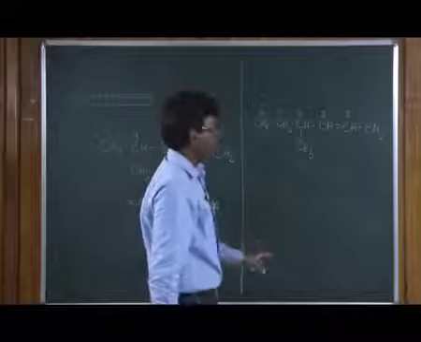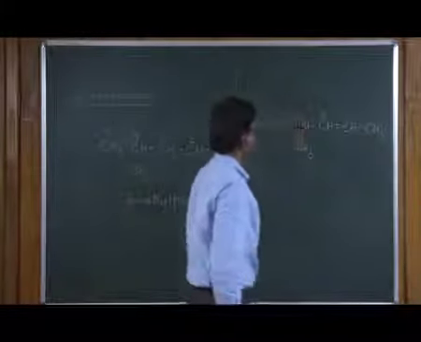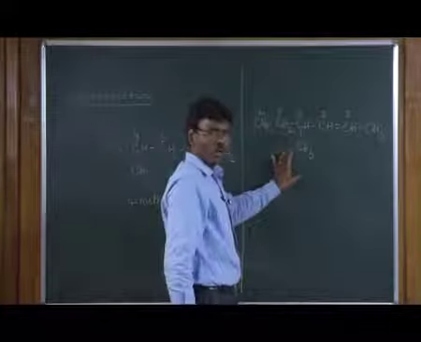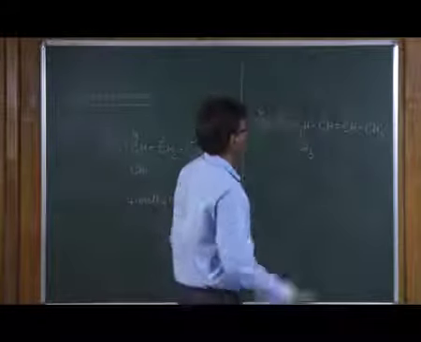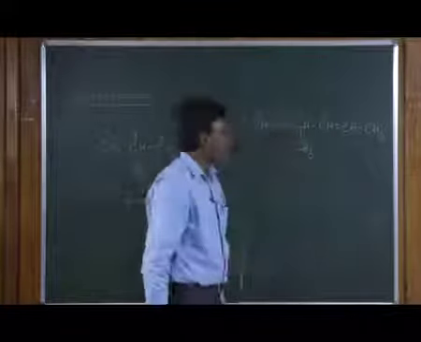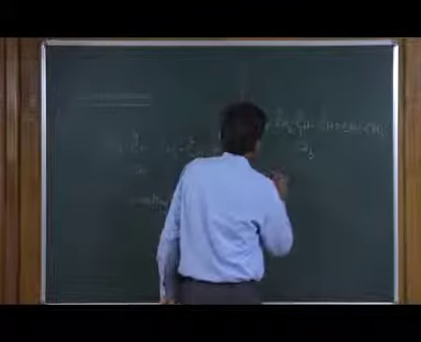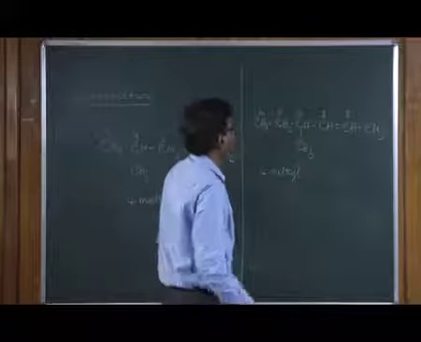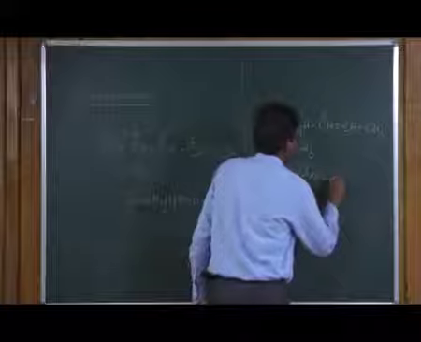This is the longest chain where the double bond is present, and the double bond is close to this side, and therefore, we have started numbering like this, and the substituent present is methyl group in this case, at carbon number 4. Therefore, the IUPAC name of this compound is 4-methylhex-2-ene.